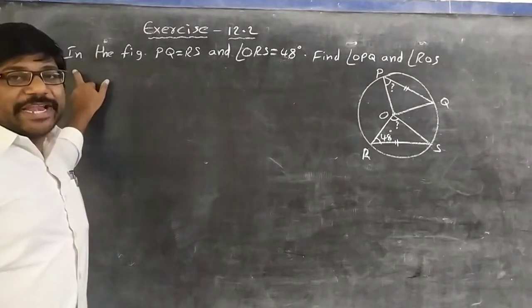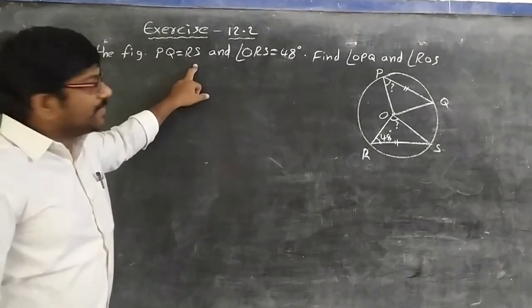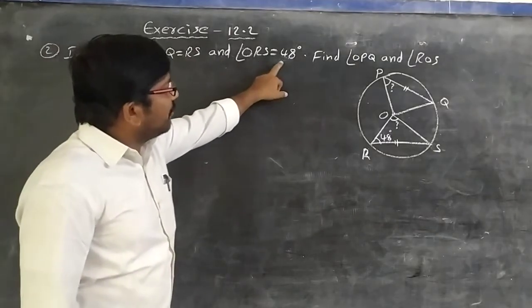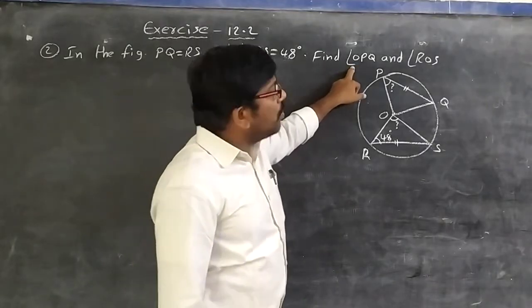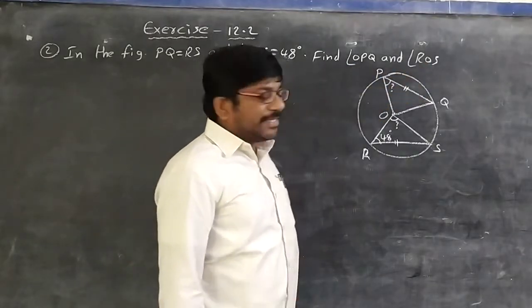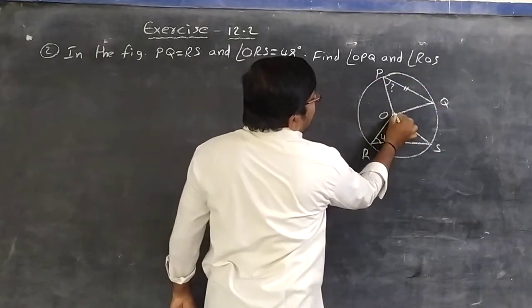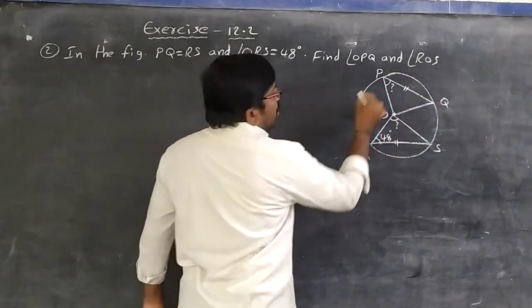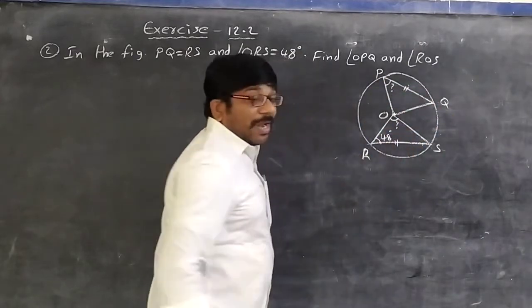Yes, go for the second problem. In the figure, PQ is equal to RS and angle ORS is 48 degrees. Then find angle OPQ and angle ROS. See, this is a circle with center O, and PQ, RS are two equal chords.